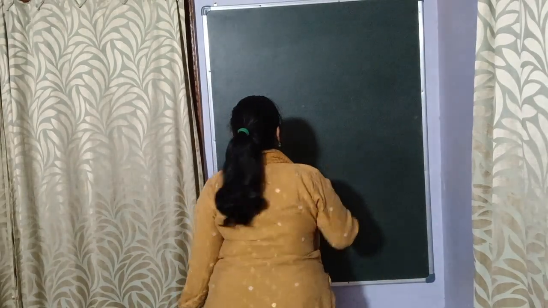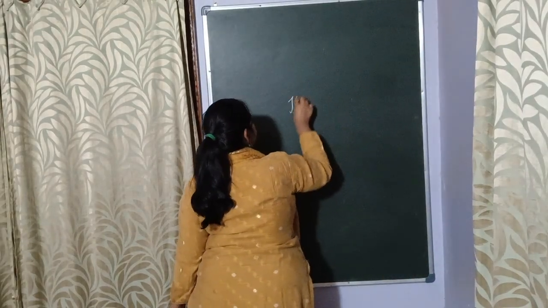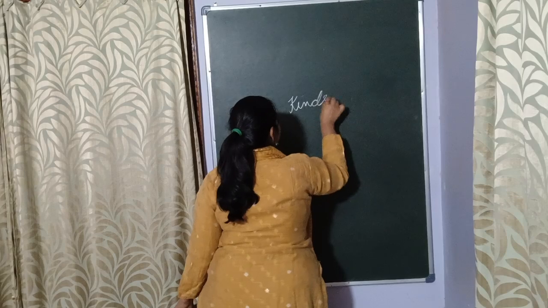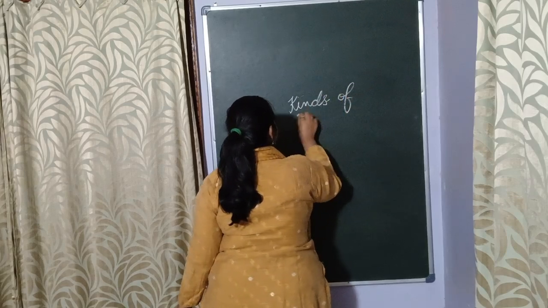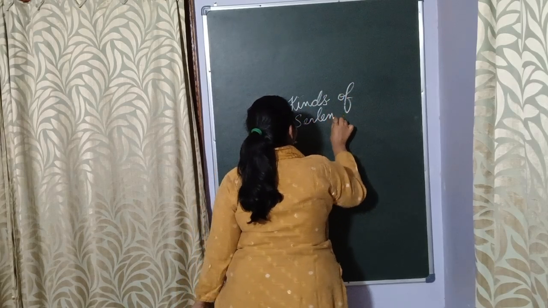So, there are 5 different kinds of sentences. If I draw this, kinds of sentences.